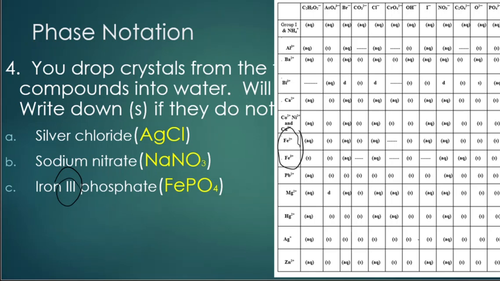Okay, because of the Roman numeral 3, we're using this one, and what's the next part of it? PO4. Oh, there it is. So, what do we do? What is it? Nice, Jonathan.